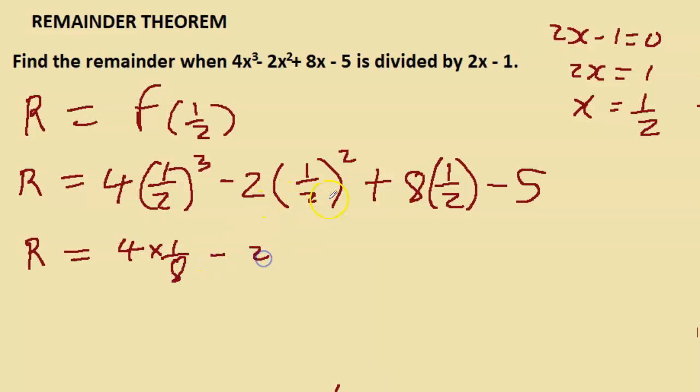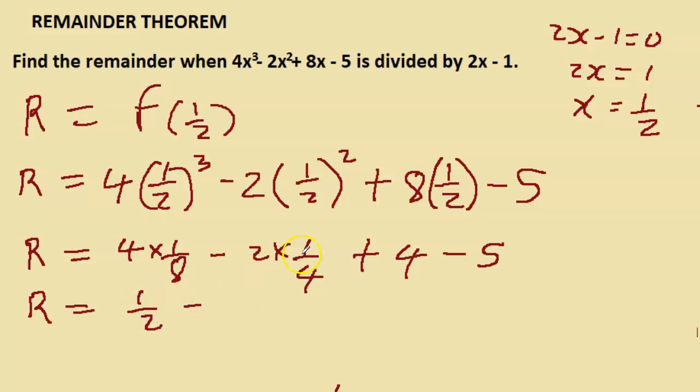Minus 2 times a quarter, plus 8 times half is 4, right? Minus 5. So this becomes 4 times 1 over 8, that's a half, minus 2 times a quarter, that's a half also, plus 4 minus 5. So r is equal to half minus half, that's 0. 4 minus 5, that's negative 1. So the remainder here is negative 1. And of course, you can always use long division and see if you get the same negative 1.